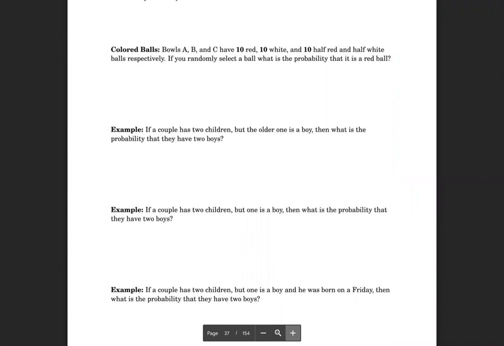So let me warm you up with a little bit of interesting probability problems. Think of this scenario. You have three balls. Ball A, which has 10 red, let's say. Ball B, which has 10 white. And ball C, which has 5 red and 5 white balls. If you randomly select a ball, what is the probability that it is a red ball?